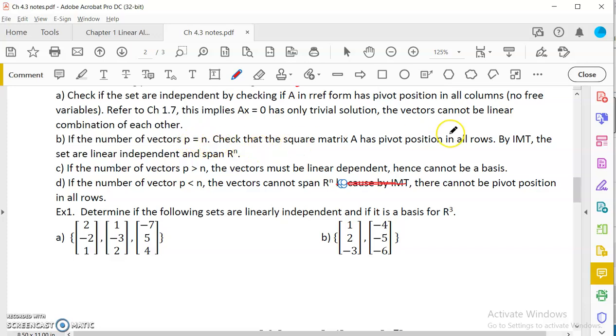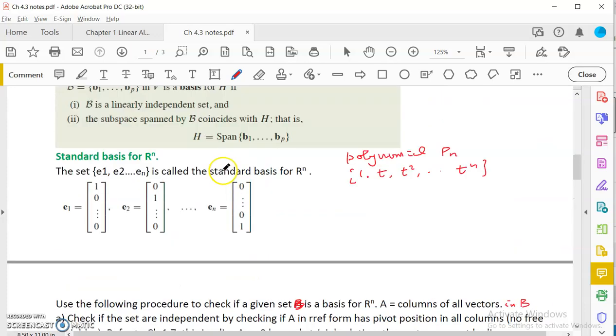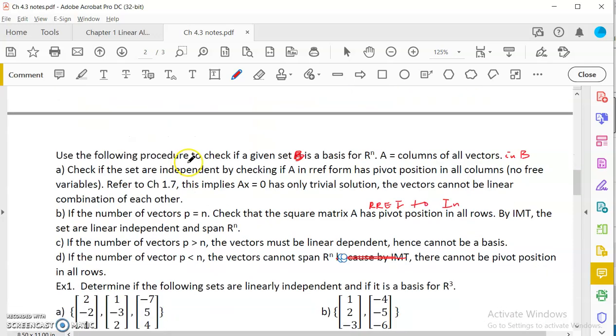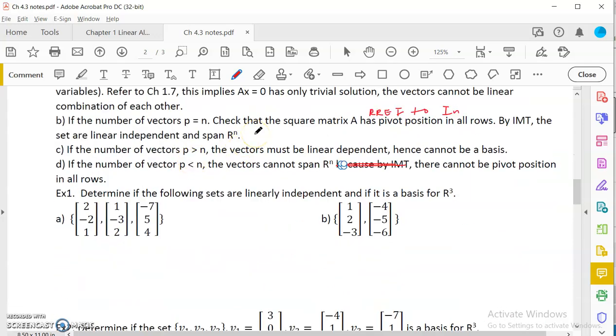If you are so lucky that you have n vectors and you're talking about Rn, then you can use the IMT to see if the matrix A has a pivot position in every row, or row reduces to the identity matrix. Because by the IMT, they are linearly independent and also span Rn, which is very important for being a basis. A basis has to be linearly independent and able to span Rn. Now, if you have too many vectors, they must be linearly dependent, so it cannot be a basis. You can rule this out.